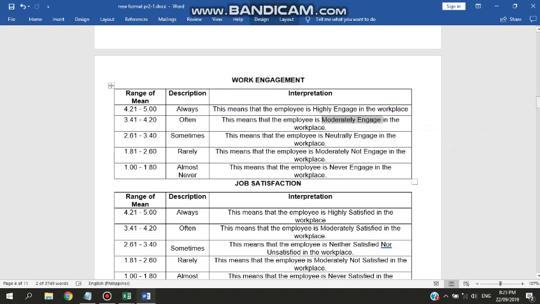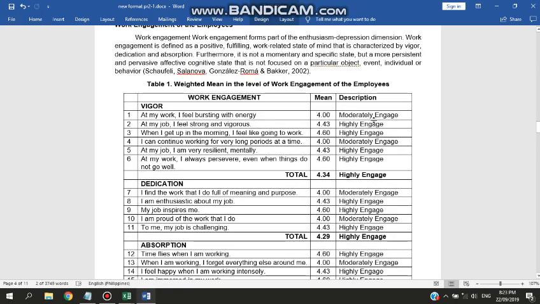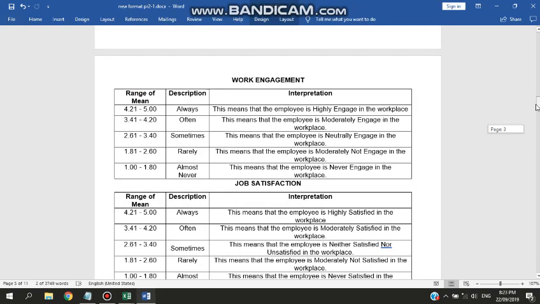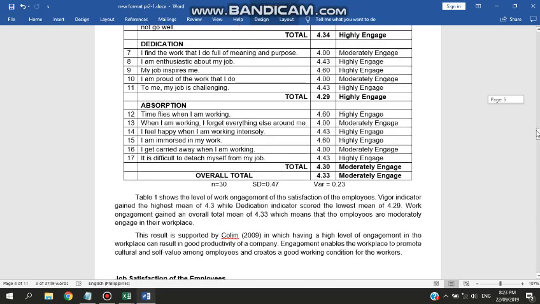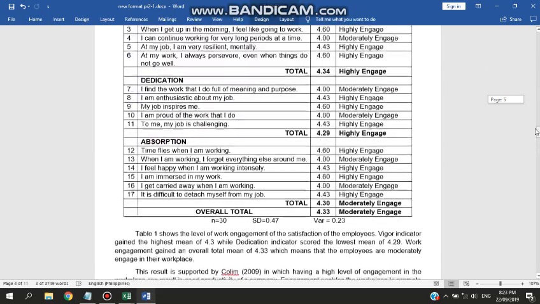Okay? As you can see, for item number 2, at my job, I feel strong and vigorous. It's 4.43. It's highly engaged since yung mean niya nag-fall dito sa upper portion. So on and so forth for each item. And you have to do this one for all of the items of the questionnaire.